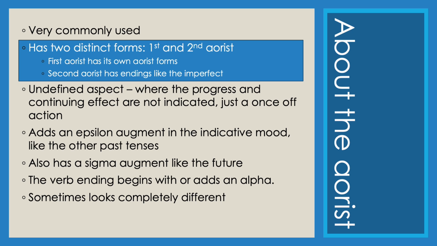Whereas the second aorist has endings that look more like the imperfect, and instead of varying the ending from the imperfect, you vary the stem. So it will have a second aorist stem, and that stem may look completely different. It usually shortens the word, and it can look completely different and not even have any of the same letters in common as its present tense form.